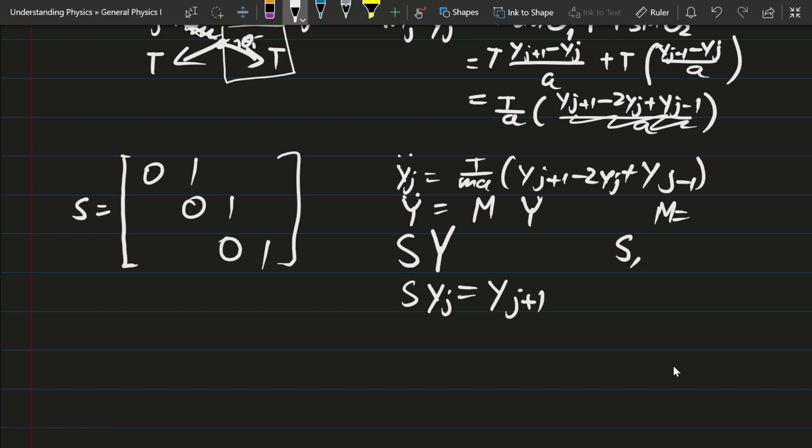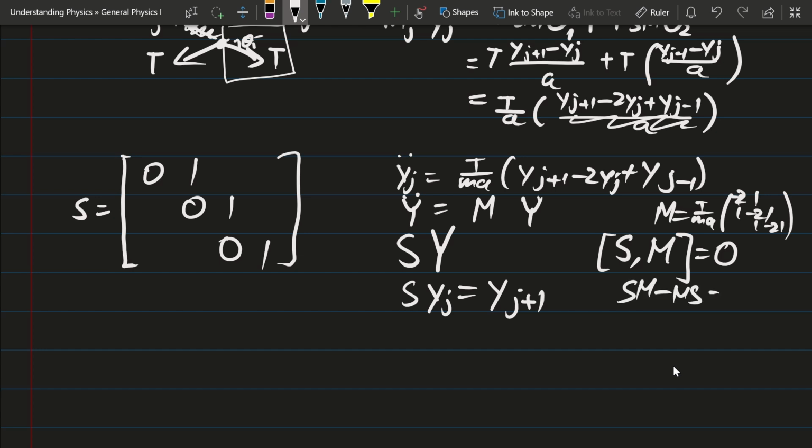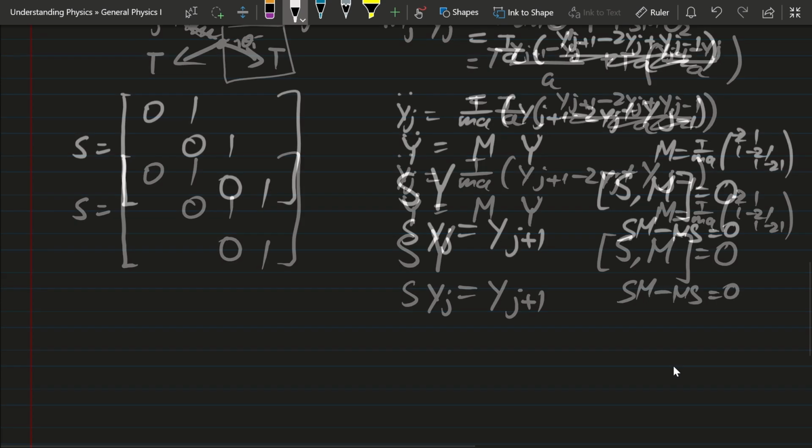The M is basically T over ma of the matrix with minus 2, 1, 1 minus 2, 1, 1 minus 2, 1, and etc. If you try to commute these two matrices, you would get 0. This basically means that SM minus MS is 0. So you know that these two commute.